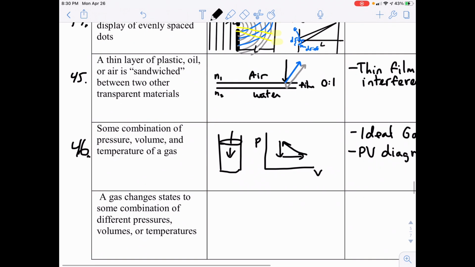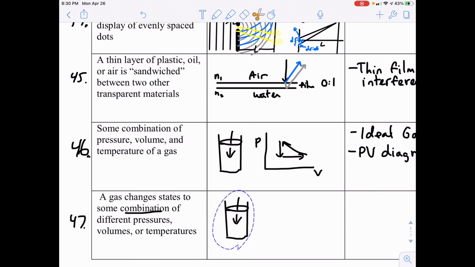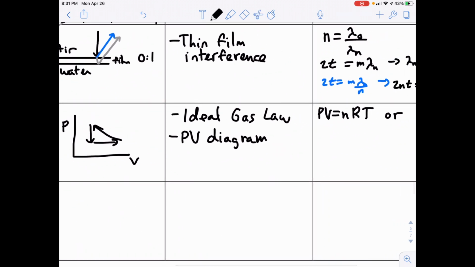Now, what about in case of 47, where you have combinations of pressures, volumes, and temperatures changing states? Again, you could have similar pictures going on, or maybe you don't have any picture at all. Maybe it's just telling this to you in words. But what you need to know is that this is ideal gas law between two different states, otherwise known as combined gas law.